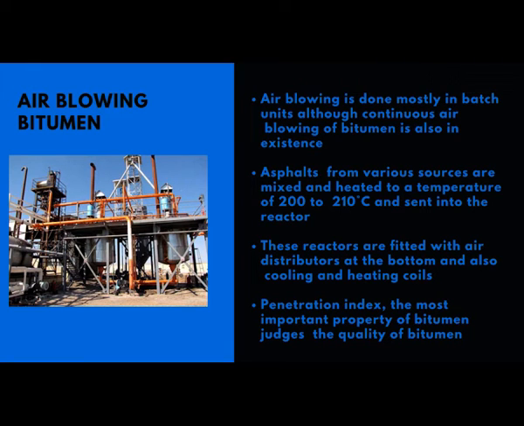There are different grades of asphalt produced in a refinery. For example, based on penetration index, it can be 30, 40 or 60, 70 or 80, 100. Each kind of asphalt is meant for different usage.